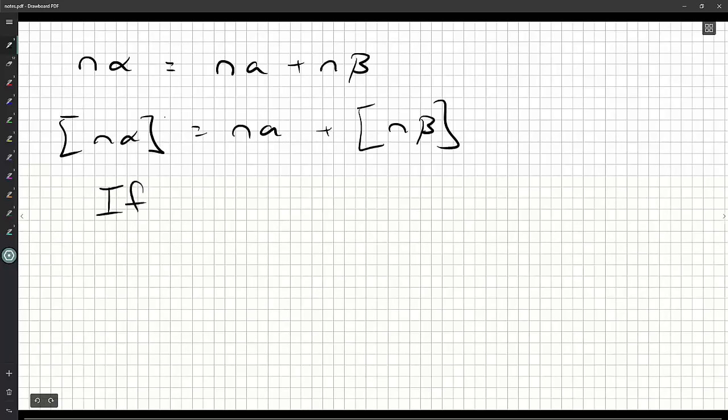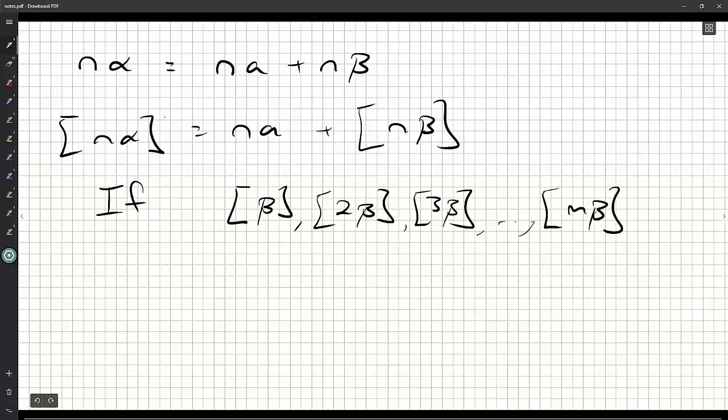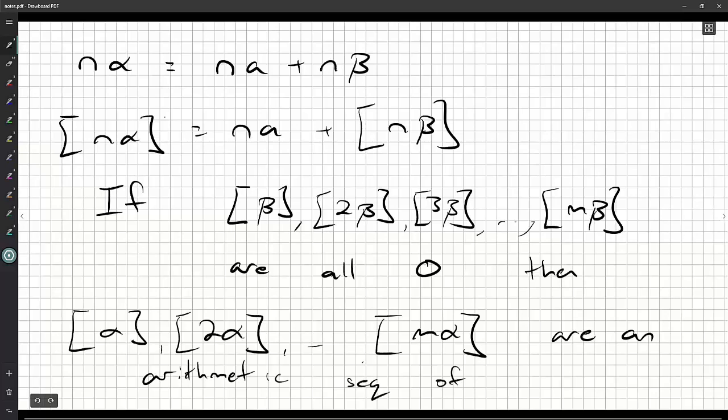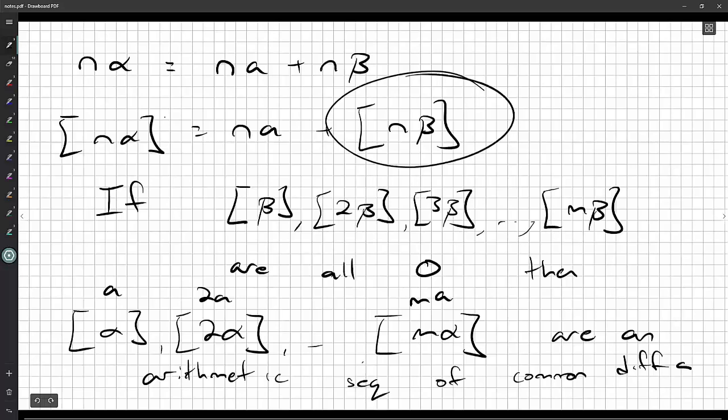So if, for example, beta, 2 beta, 3 beta, and so on, all the way up to m beta, are all 0, because the original beta is 0, then alpha, 2 alpha, and so on up to m alpha are an arithmetic sequence of common difference a, because this one would just be a, this would be 2a, and so on, because the leftover part, when you multiply by beta, we're saying suppose that amounts to nothing.